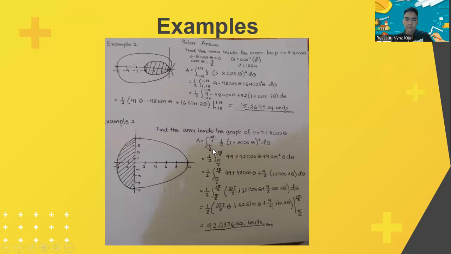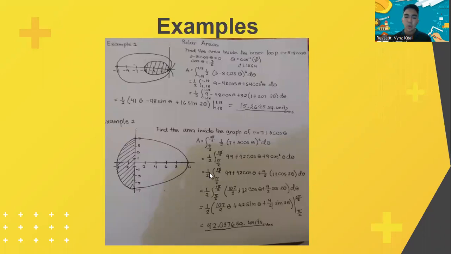The limits of pi over 2 and 3 pi over 2. So put out 1/2. So equals 1/2 times the integral of 49 plus 42 cosine theta plus 9 cosine squared theta d theta with the limits of pi over 2 to 3 pi over 2.